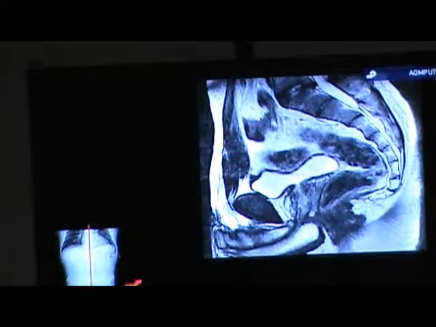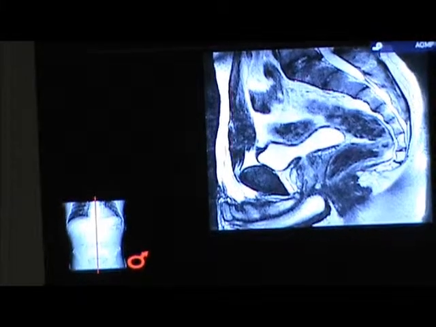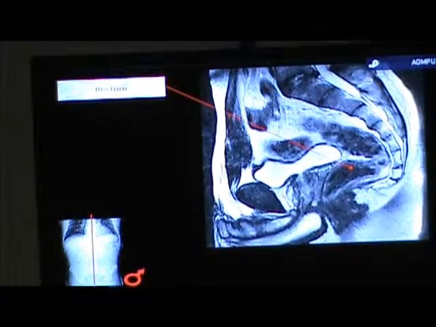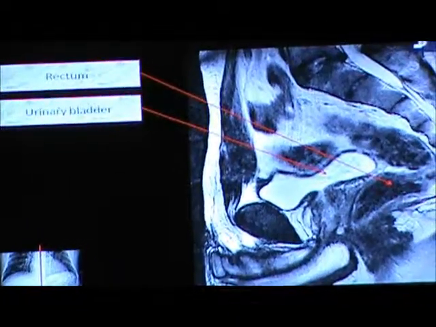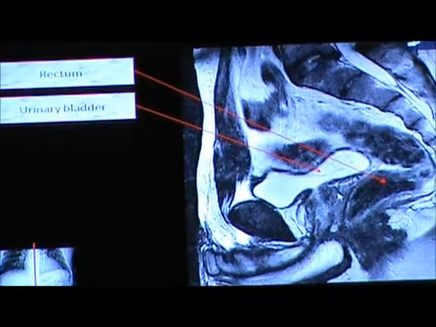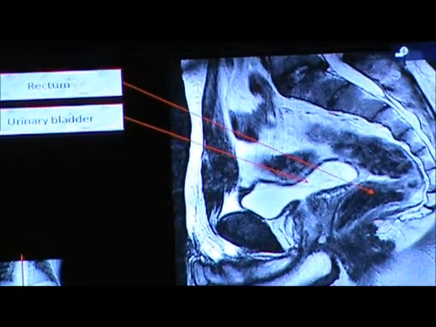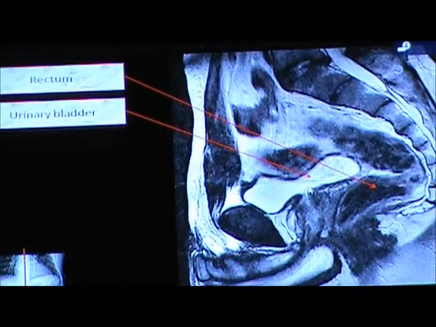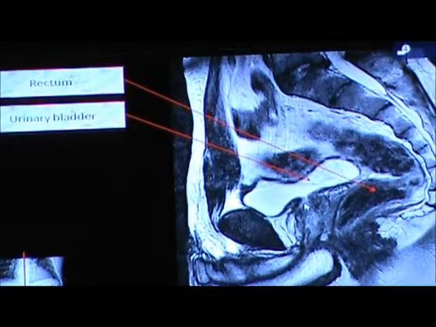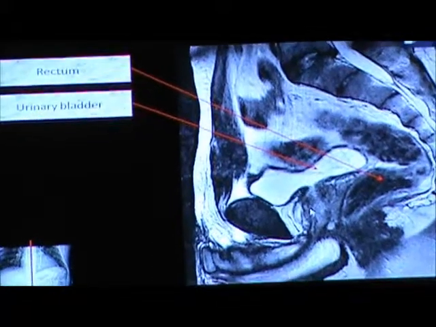And this is a male pelvis. We have a rectum, of course, we have urinary bladder, and there is nothing between those two structures except those that lie below the urinary bladder. So we have a prostate here.